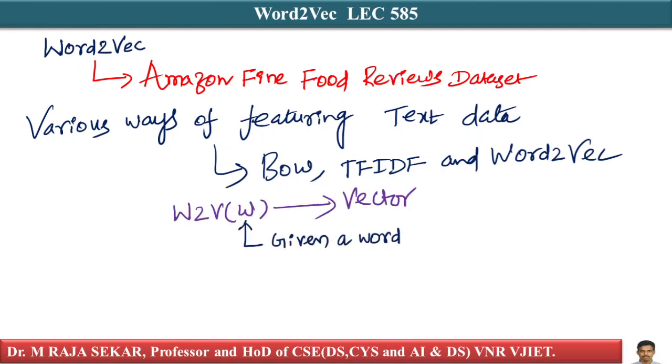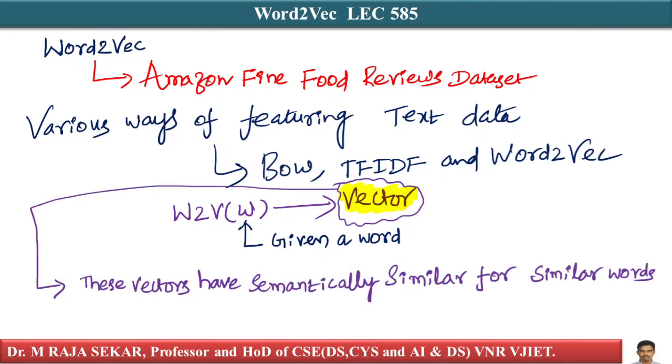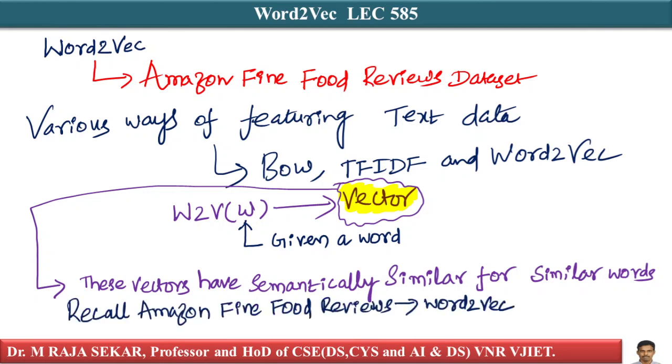Given a word, it returns you a vector such that these vectors are semantically similar for similar words. If you have forgotten what Word2Vec is, please go back and revisit the chapter called Amazon Fine Food Reviews, where we discussed how Word2Vec works with a lot of nice examples, isn't it? Just try to recall those examples.